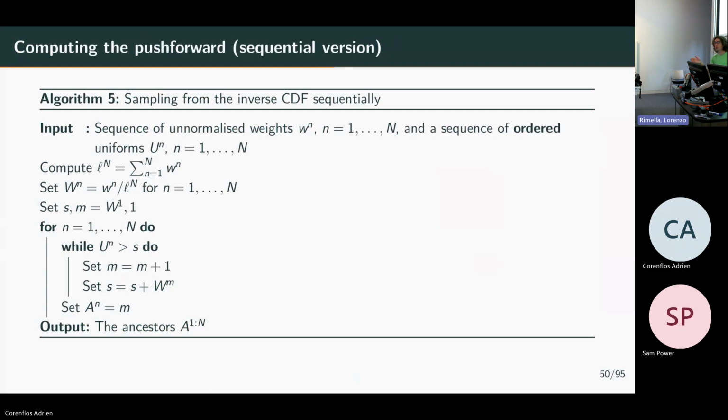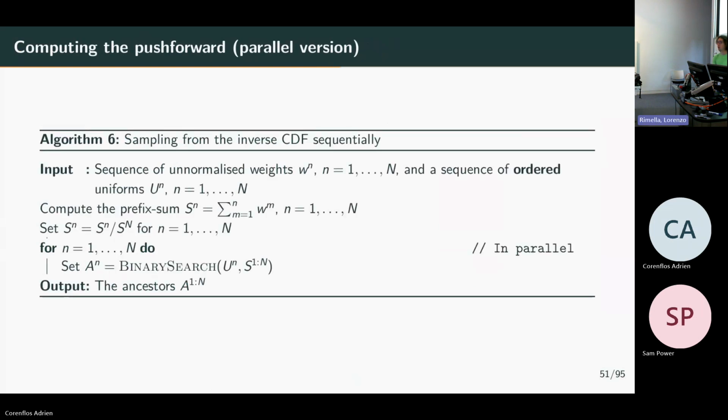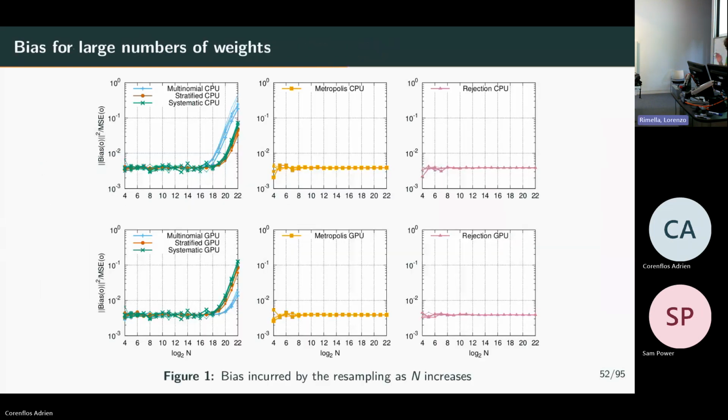And so your particles are not going to be resampled in the right spots. Okay. So the more particles, the worse it becomes. And that comes from single precision, right? If you had double precision, that would still arise, but later on. Later on, meaning for much larger n. For much larger, yeah.